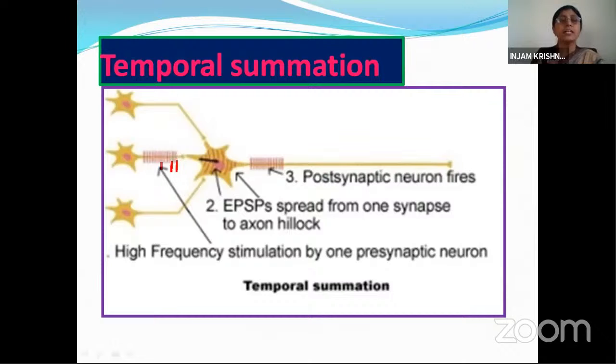See, these are the stimulations, a number of stimulations going on consecutively, one after one. They sum up one after one, but at a single synapse, at a single connection. That is called temporal summation.